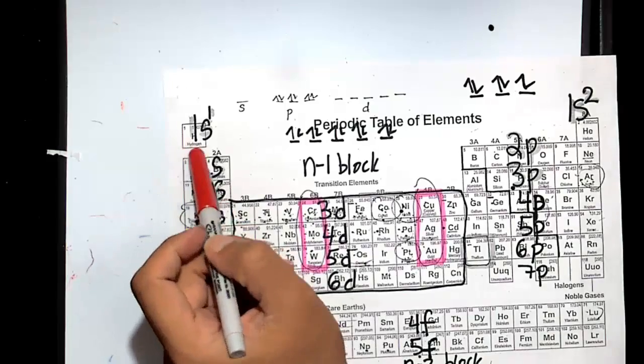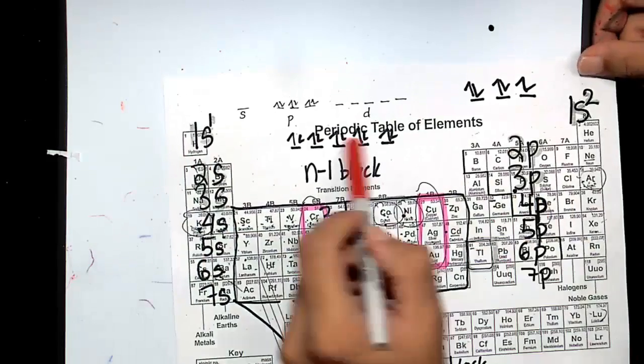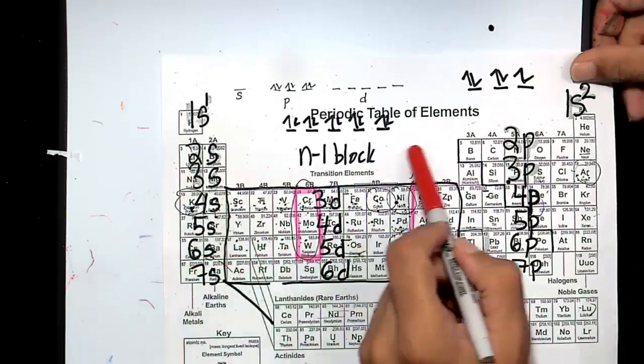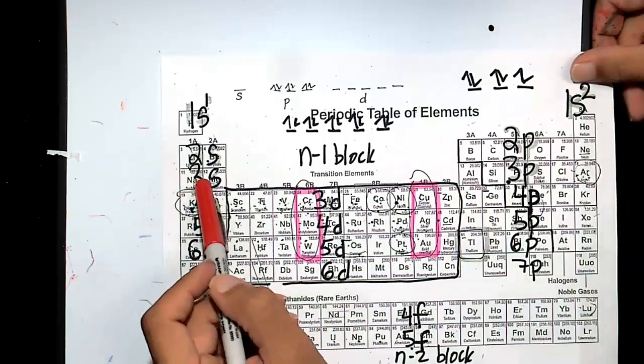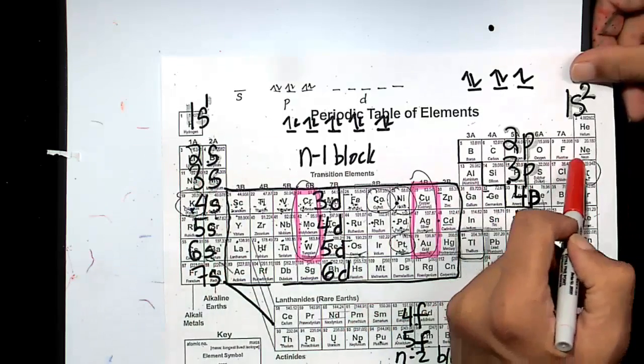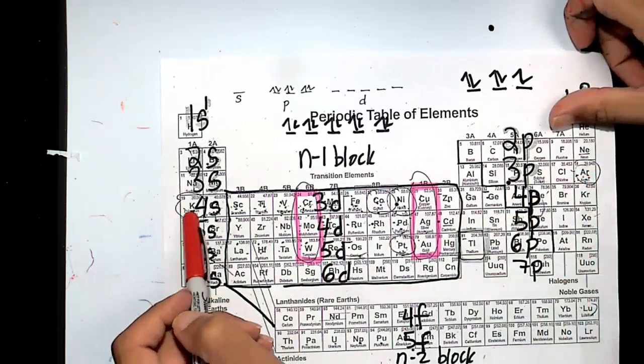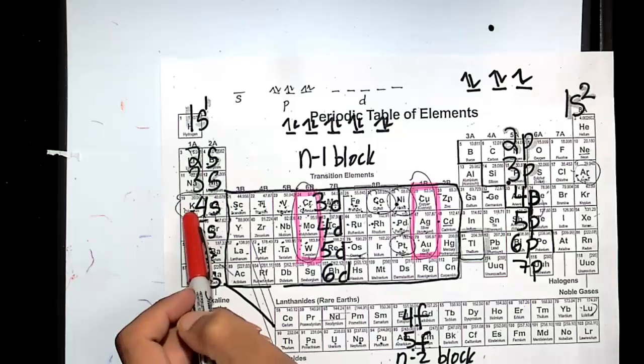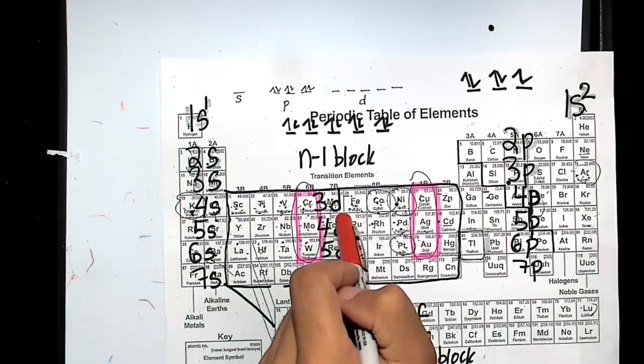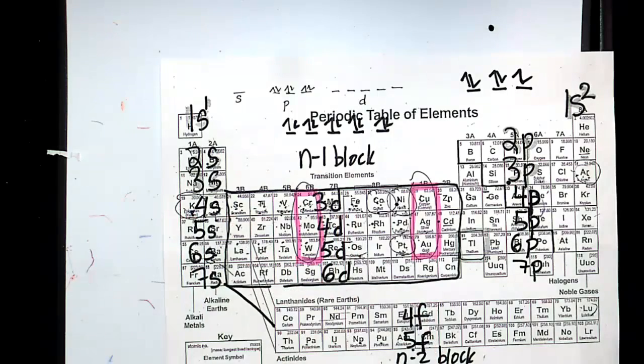They're going to march in 1s, then they'll go 2s, then 2p, then 3s, and then 3p. You see, the order is important. After 3p, the electrons will march to 4s. Something weird happens here. After 4s, where will they march to? The transition block, also known as the n-1 block.